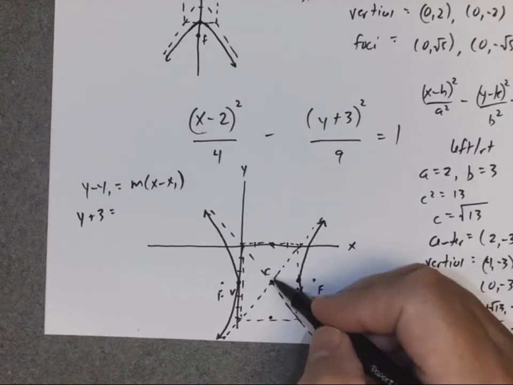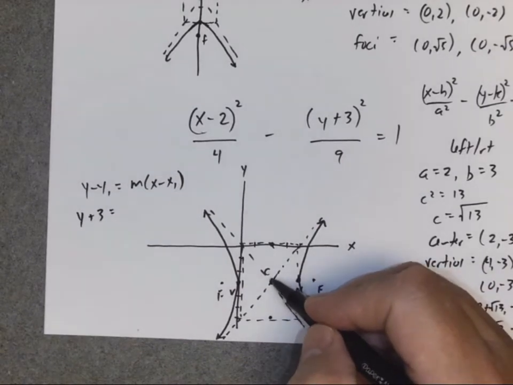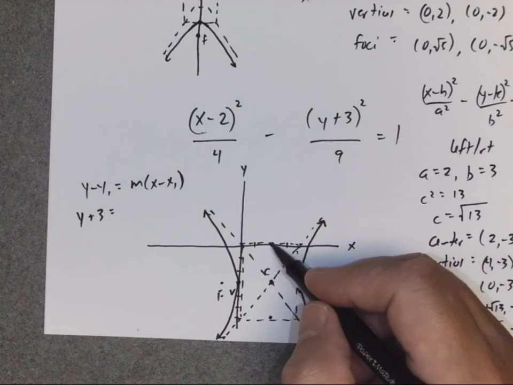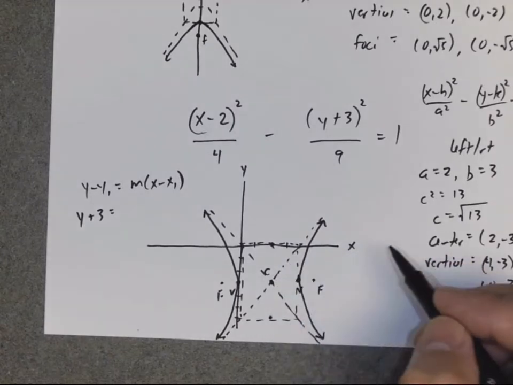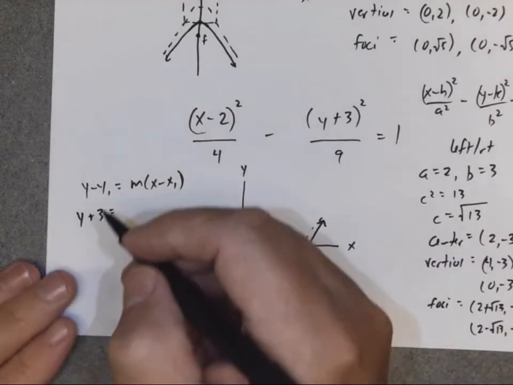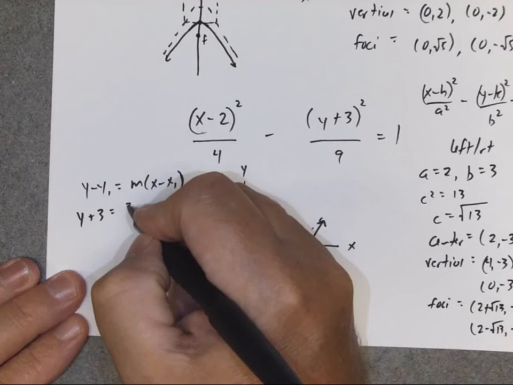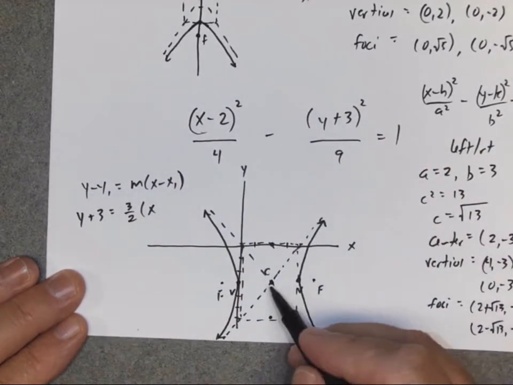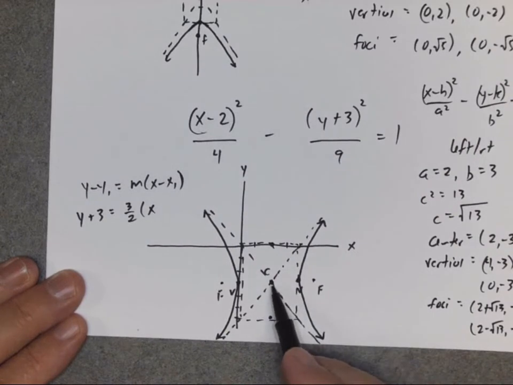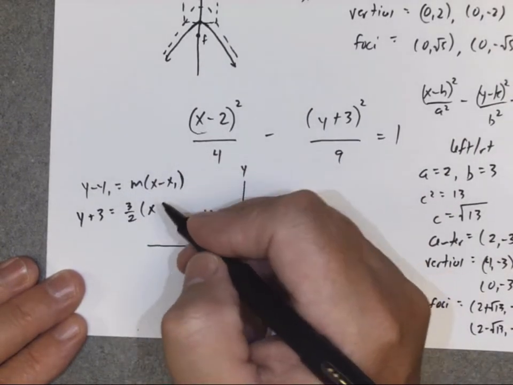The slope is still going to be b over a because I go up b and over a. Three halves, and now my x1 is the x of my center, which is 2.